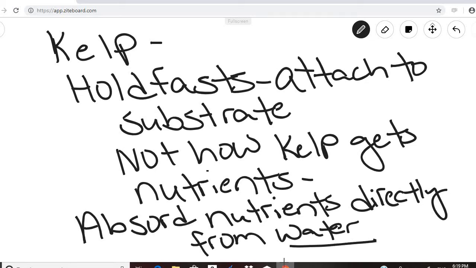So they do not get their nutrients from roots, because they don't have roots. They have a holdfast that is just used to hold it in place, and they absorb their nutrients directly from the water. So in other words, they need to have water flowing over them.